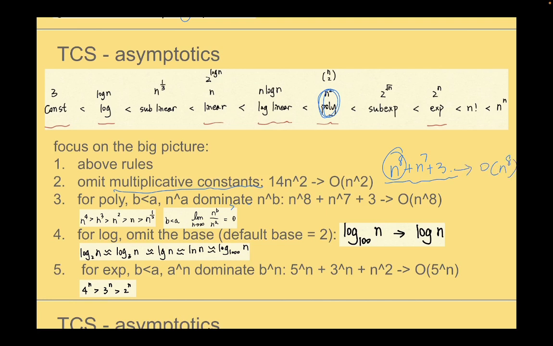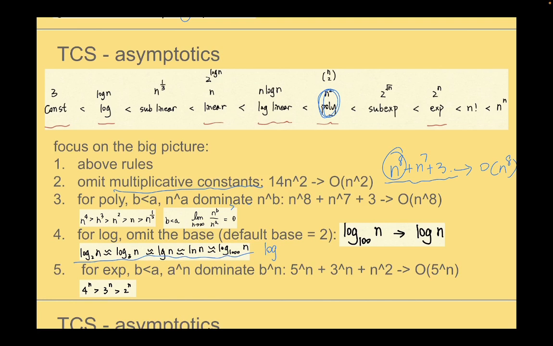And for log, it's different, okay? Because for log, no matter what your base is, they are almost the same runtime. So I'm showing you the formula here, and so we just omit the base.